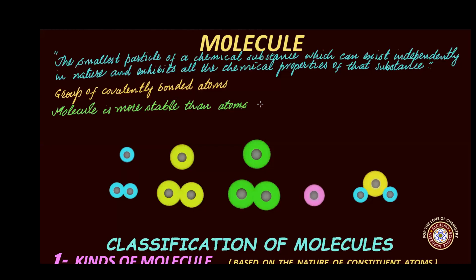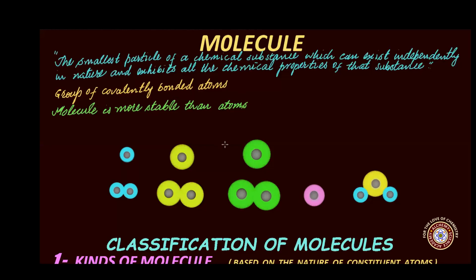So during this combination of different or similar atoms, energy is released from the system, and as a result the chemical system gets stabilized, and thus the resulting particle, which is a molecule, becomes more stable than its constituent atoms.